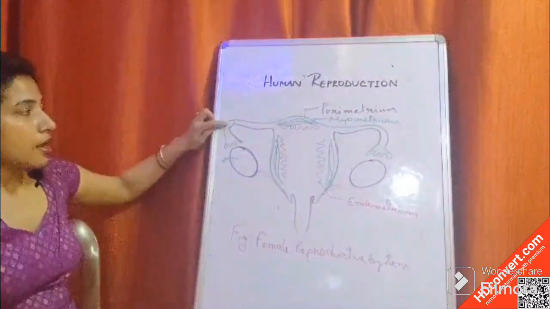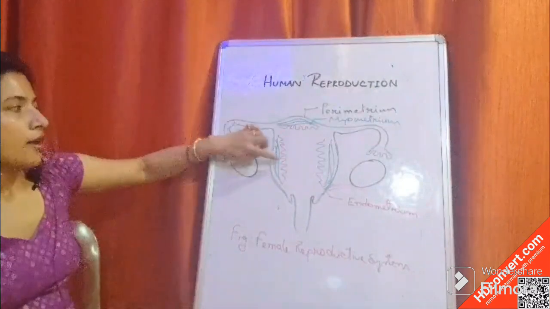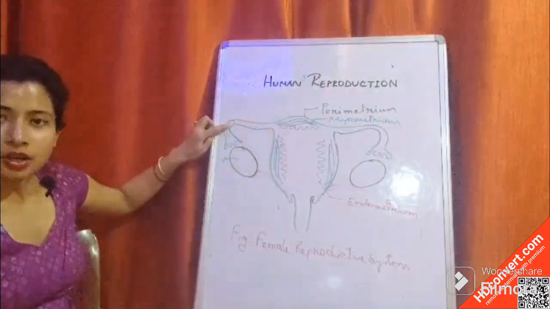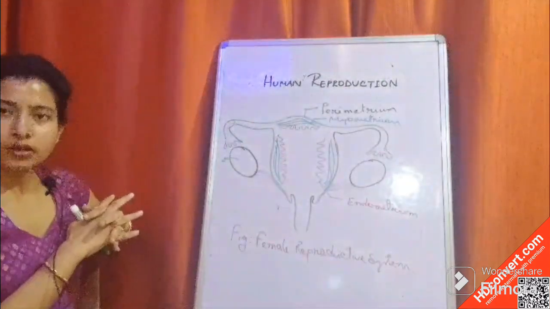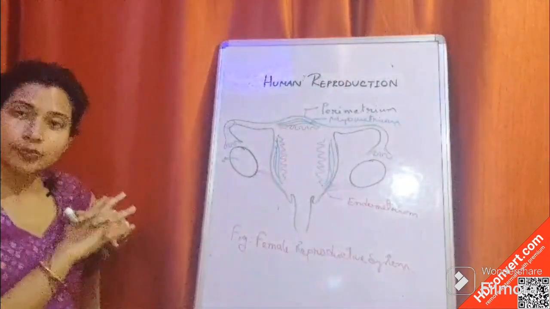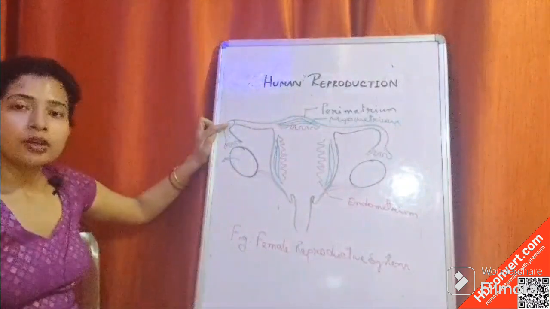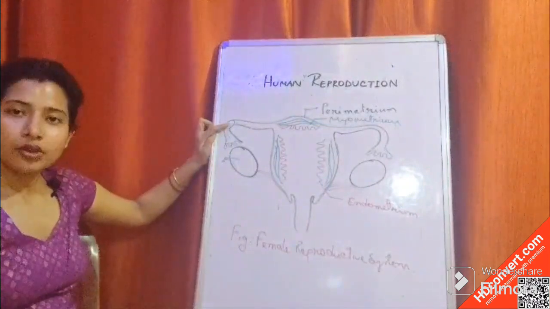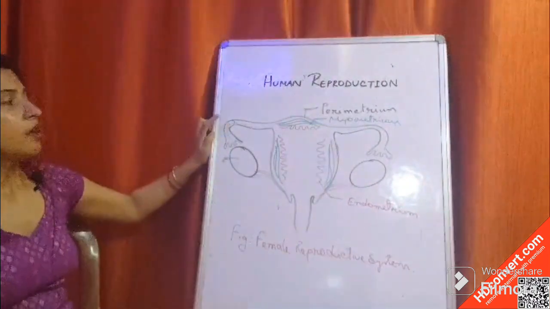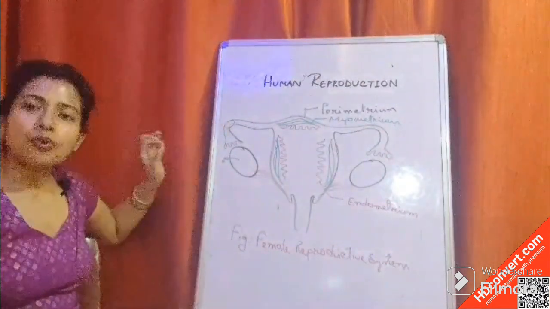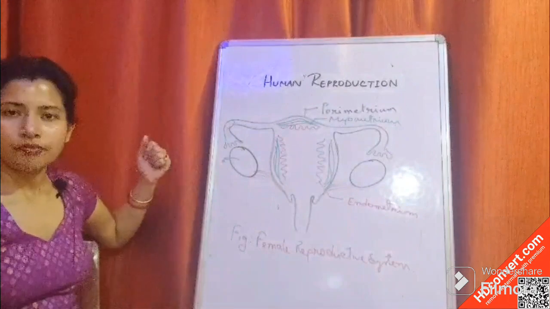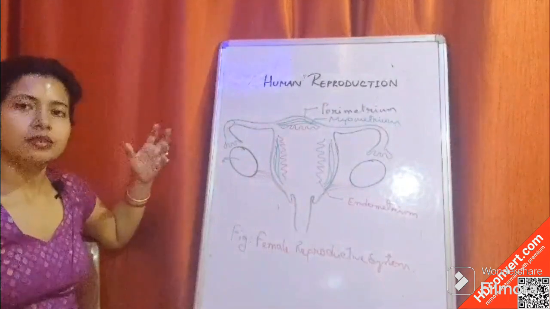The egg is residing here and the sperm reach here, and they both fuse with one another, and fertilization takes place in this particular portion, the ampulla region. In this region the zygote is formed after fusion of male and female gamete. The resultant cell is the zygote.